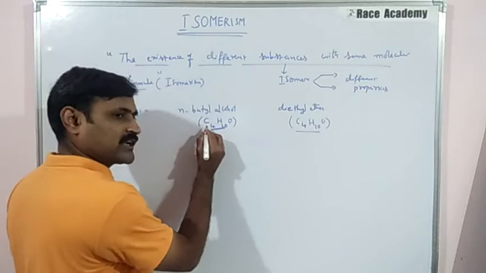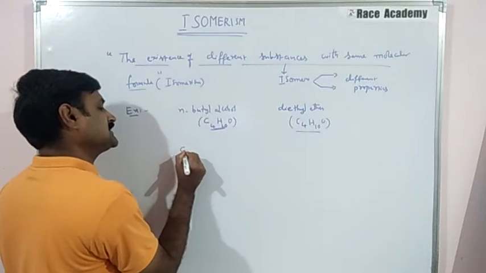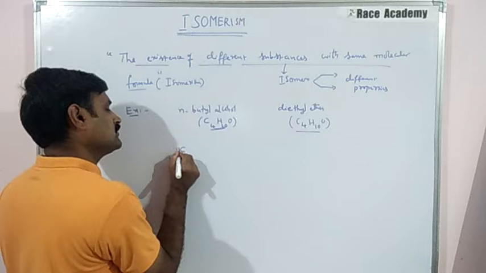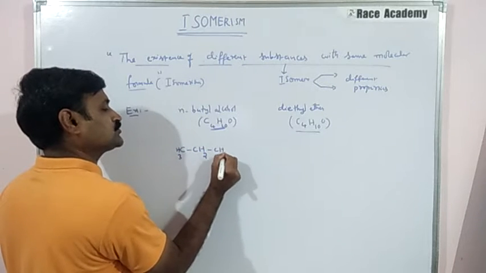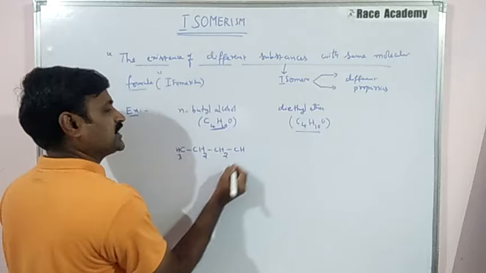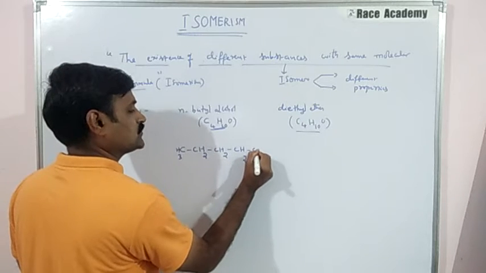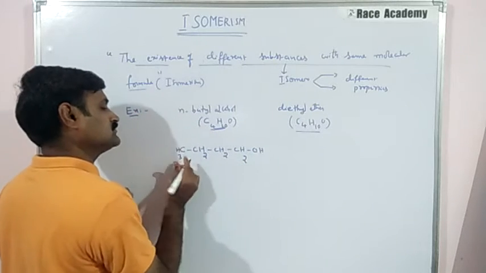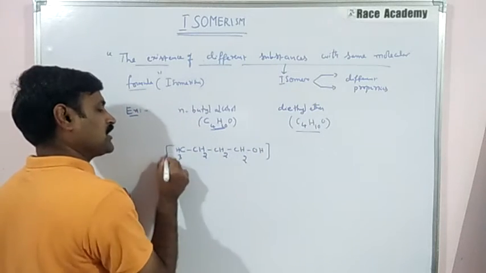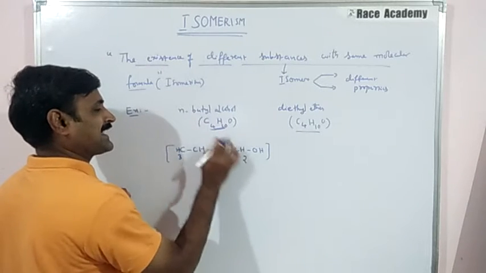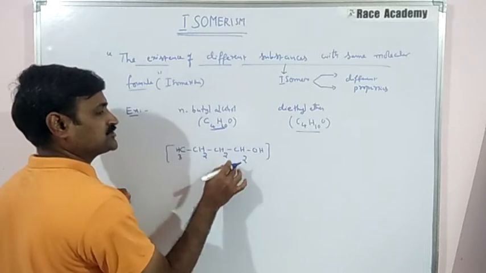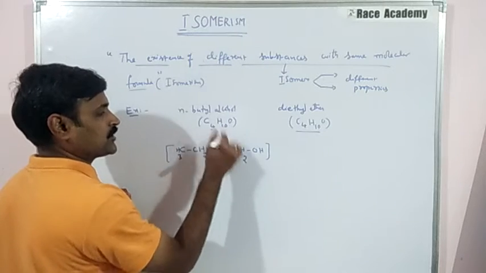isomers. Actually, N-butyl alcohol is nothing but a straight chain alcohol, that is CH3, CH2, CH2, CH2OH. If you take the formula, it has 4 carbons, 10 hydrogens and 1 oxygen, matching the molecular formula.